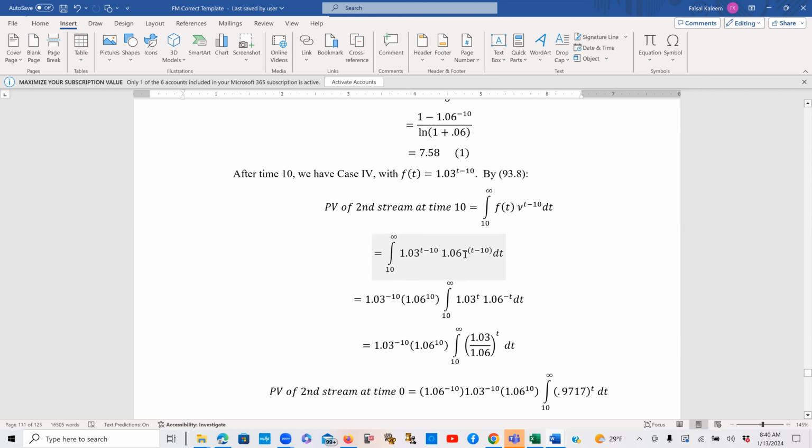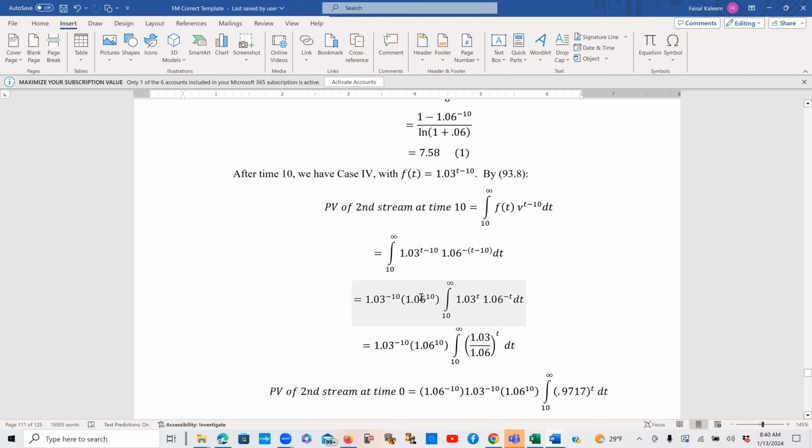And similarly, the 1.06 to the negative (t minus 10) can be broken into 1.06 to the negative t times 1.06 to the 10, because negative and negative make it positive.